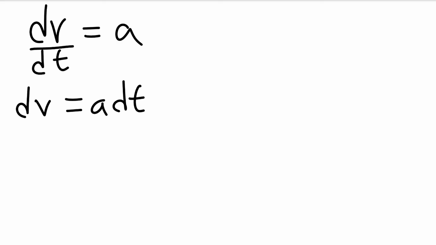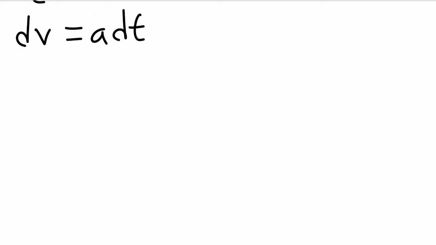And we can integrate both sides. We're going to integrate the left-hand side from some initial velocity v naught to some velocity that we could figure out, some velocity v, or v of t, because t is going to be our independent variable here. And we're going to integrate the right-hand side from 0 to t.